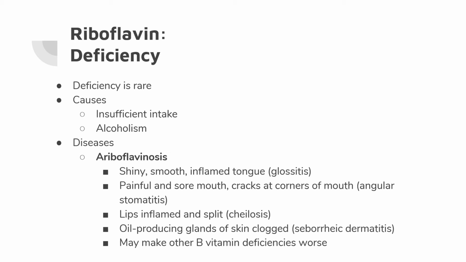Also painful and sore mouths with some cracks in the corners, which is angular stomatitis. Also inflamed and split lips, cheilosis. And then clogging of the oil-producing glands in your skin, which is seborrheic dermatitis. And deficiency of riboflavin may actually make other vitamin deficiencies worse because of their interrelatedness in the metabolic pathways.